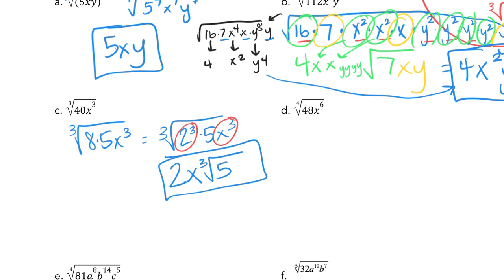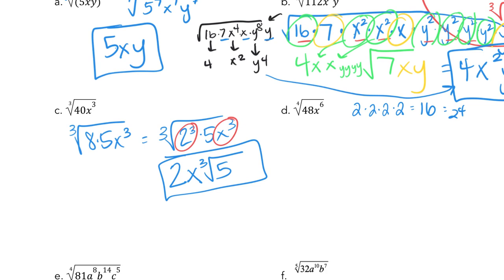Part D, now we haven't done fourth powers, so let's just kind of investigate for a minute. If I have 2 times 2 times 2, that's 8, times 2 again, that's going to be 16. So 2 to the 4th is 16.